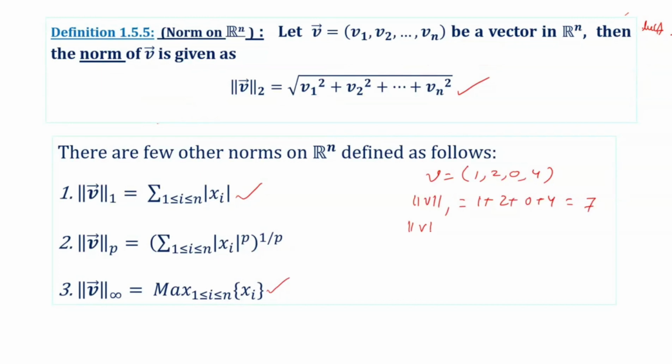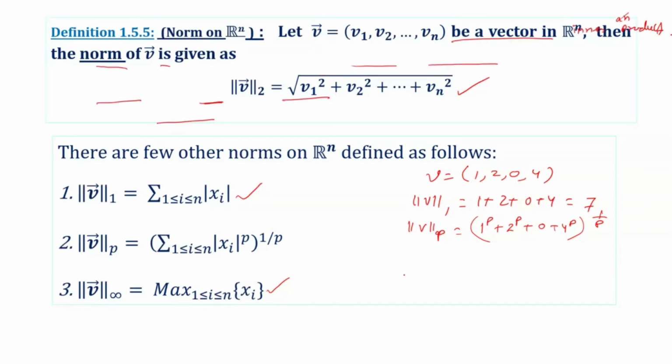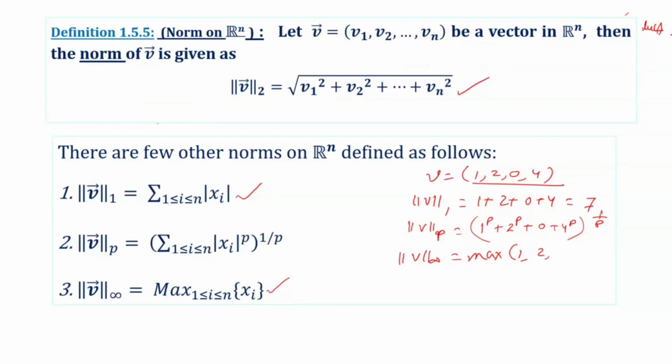And ‖V‖p is equal to 1 to the power p plus 2 to the power p plus 0 plus 4 to the power p, all to the power 1 over p. And for V infinity, this is the maximum of xi, so the maximum of 1, 2, 0, 4 is 4.